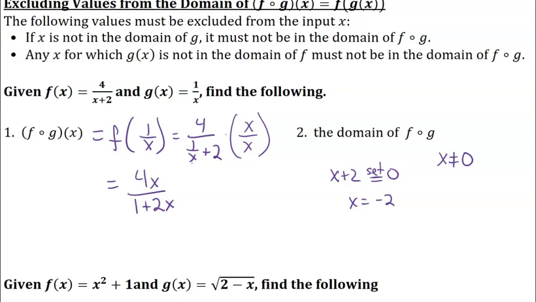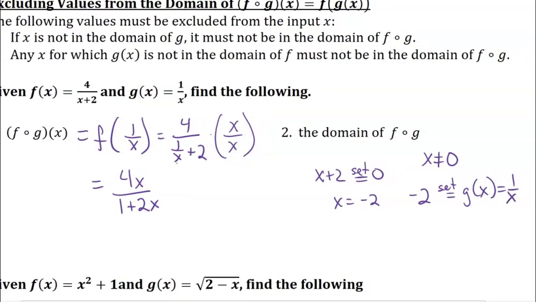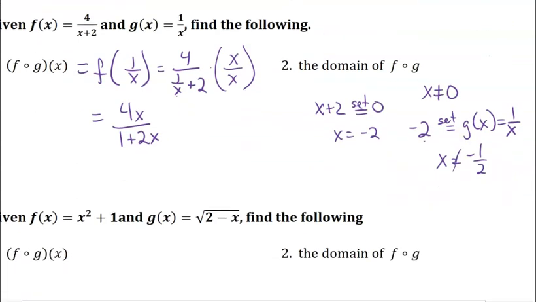So I'm going to take negative 2 and set this equal to g of x, okay, which you don't need to write the g of x, you can just write 1 over x, but I'm putting that there so that if you look back at your notes later, you'll know where that came from, okay? So I'm setting negative 2 equal to 1 over x because the output of 1 over x can't be negative 2. So if I solve that, I get x equals negative 1/2. So x cannot be 0. It can also not be negative 1/2.